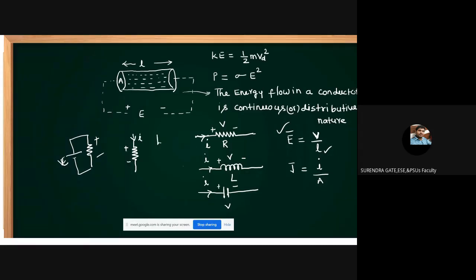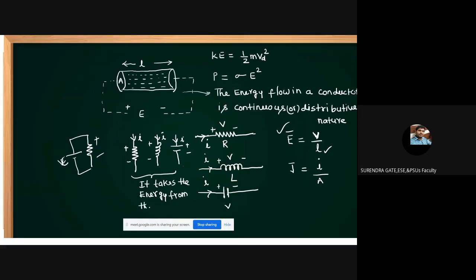If it is an inductor, the current enters at the positive terminal. If it is a capacitor, the current enters at the positive terminal. Then in all these cases, the element does not deliver energy, it takes the energy from the source.